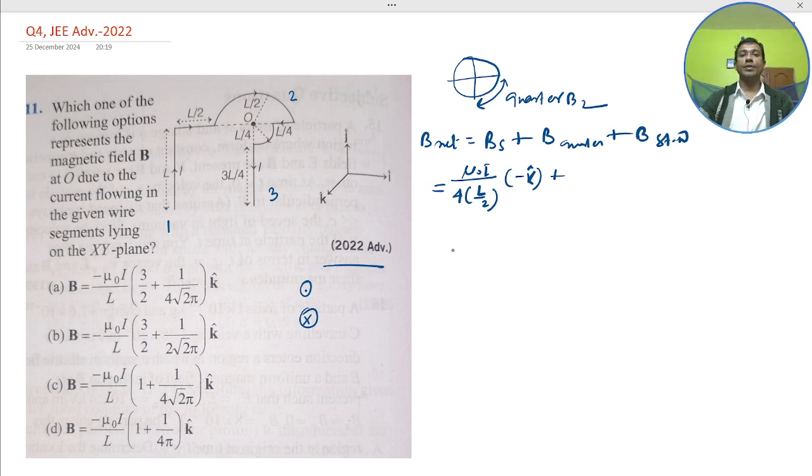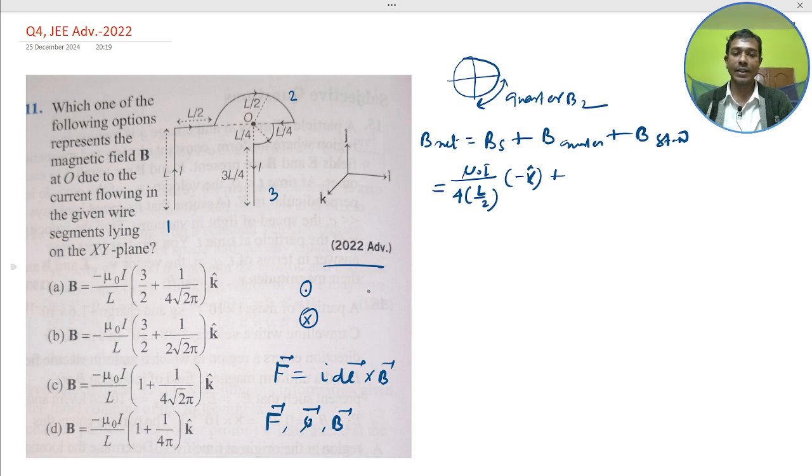For direction, you use F equal to q v cross B, but here v is not given and L is given, so for direction you apply F equals I dl cross B. F is given, dl length is given, and the magnetic field.